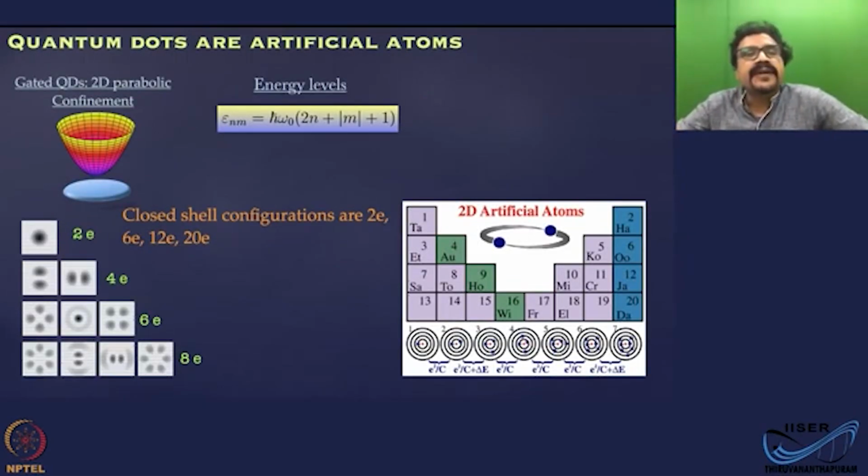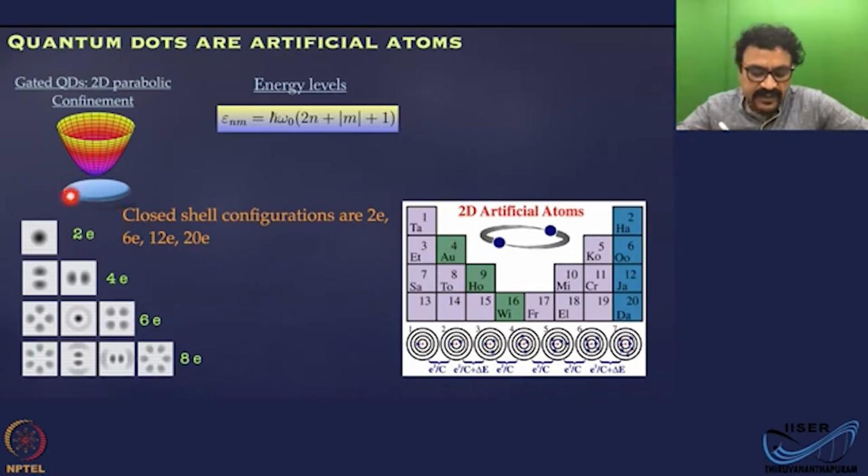So we know that these quantum dots are artificial atoms, artificially confined electron systems, and the states of these electron systems one can use to host qubits. That is the underlying idea. This slide is telling you that in this few electron regime, the quantum dots are artificial atoms.